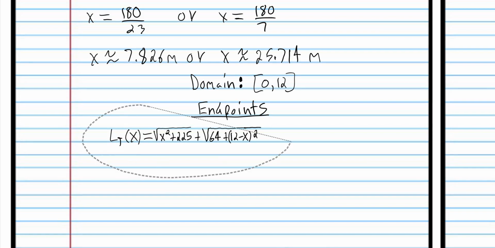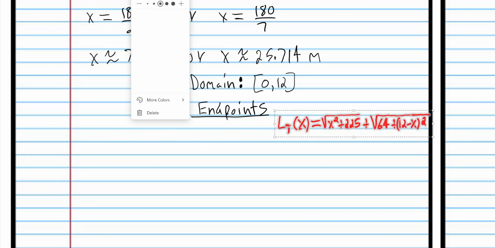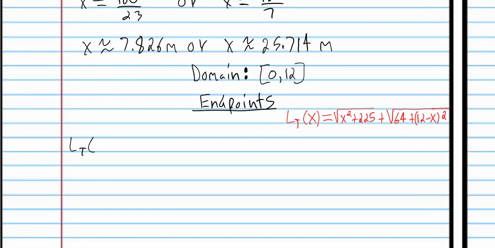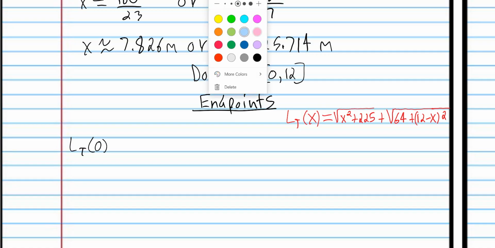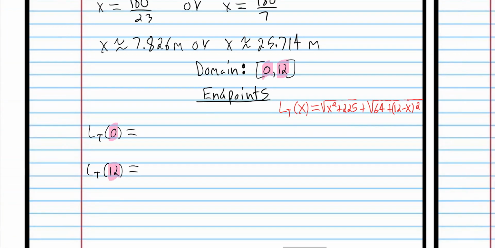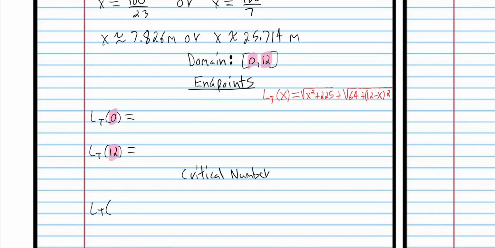We want to calculate the length of the wire, the total length of the wire. For each one of these points, we're going to plug in 0, and we're going to plug in 12, and calculate the length of the wire, and then compare to the value we get when we plug in the critical number. By the way, I forgot to mention, see these two numbers up here?